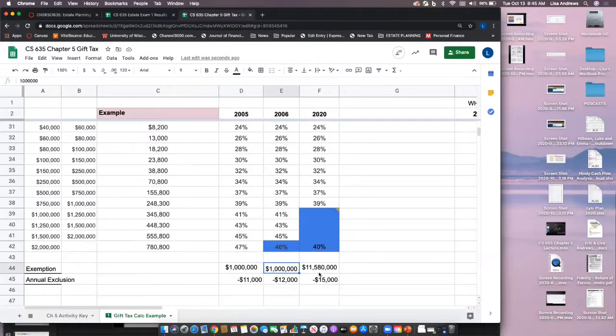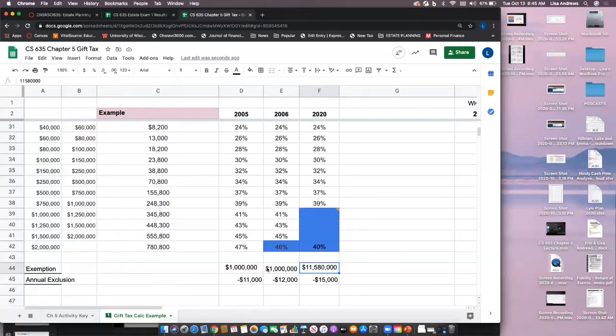And then flash forward to 2020, and, because we've talked about it ad nauseam in this course, the Tax Cut and Jobs Act cranked that up to $10 million on the date that the act was passed, and it has increased by inflation every year since, so that now in 2020, your lifetime exemption has increased to $11,580,000. And that's unified for both gifts and estate.